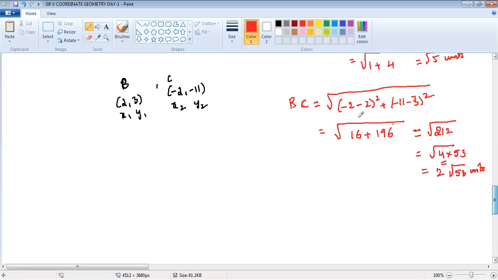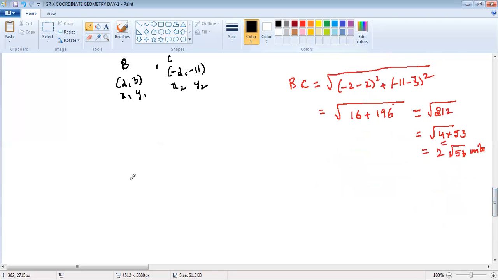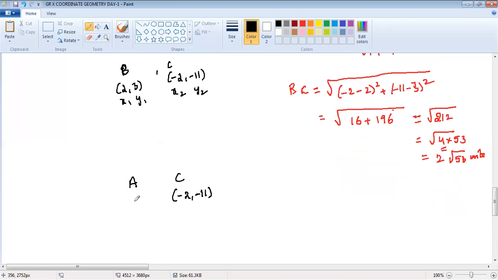Then we'll go for AC. C is (-2, -11) and A stands for (1, 5). Now the same way, x1, y1 and x2, y2. So now I'm going to find AC or CA. No issue, whichever way you take AC or CA, the answer will be the same.